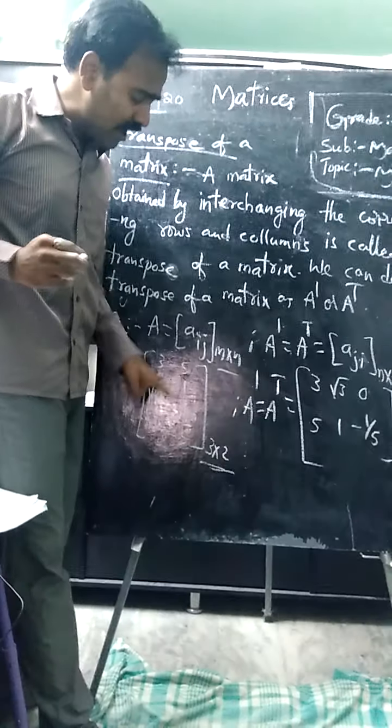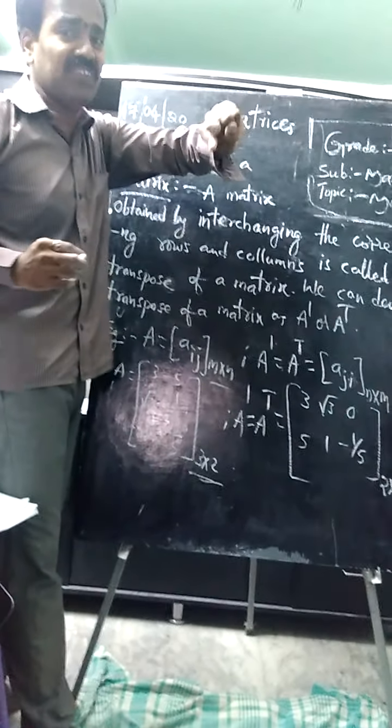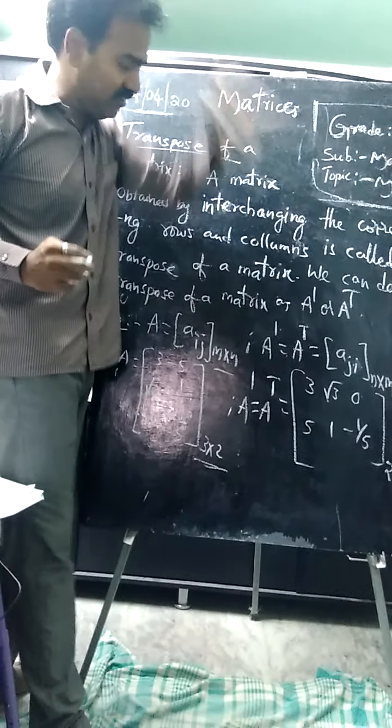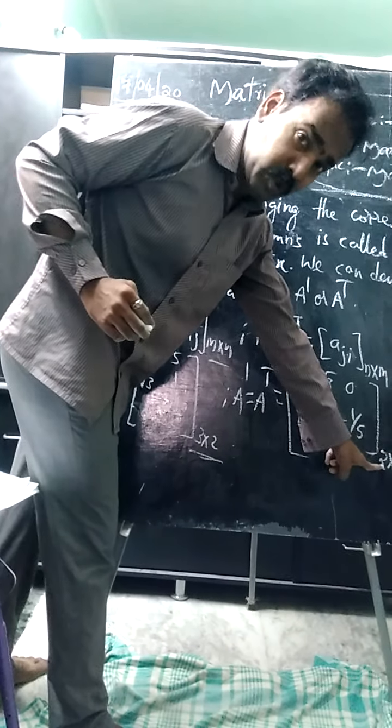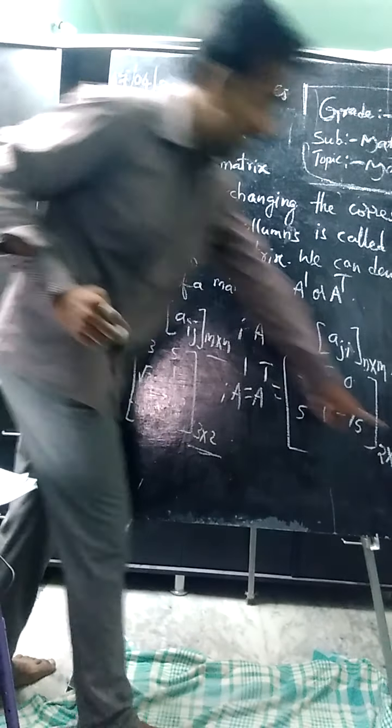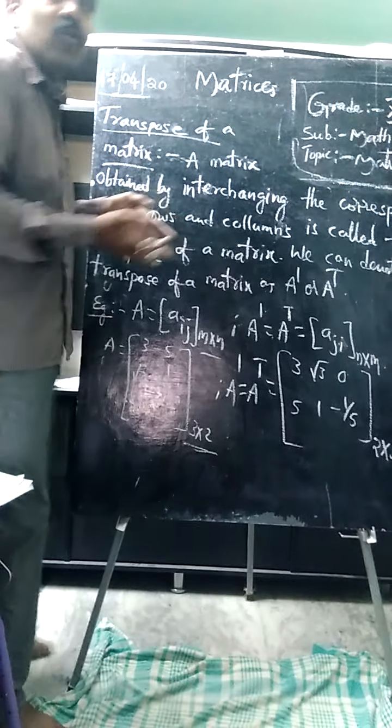Here 3 rows and 2 columns are there, so when we transpose, the 2 columns become 2 rows and the 3 rows become 3 columns. This is called the transpose of a matrix.